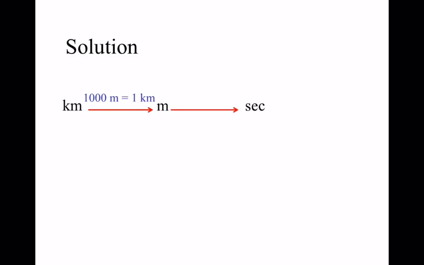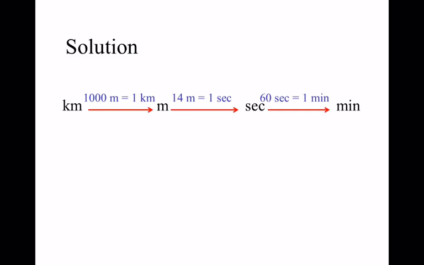Then we can go from meters to seconds using the speed of the loon. And we've got one more twist: it wants time not in seconds but in minutes. So what's the relationship between seconds and minutes? 60 seconds in a minute. Yep, you got it.